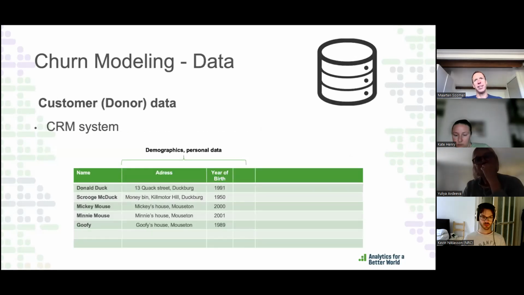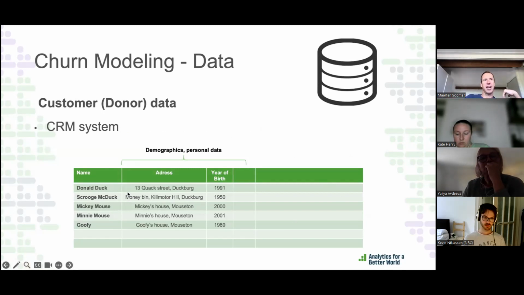What kind of data do we need? Well, this data is typically a bit easier than, I would say, in the marketing mix modeling, because typically, hopefully, everything is collected and can get collected from one system, the CRM system, customer relationship management system, where we keep information about all our customers, all our donors.